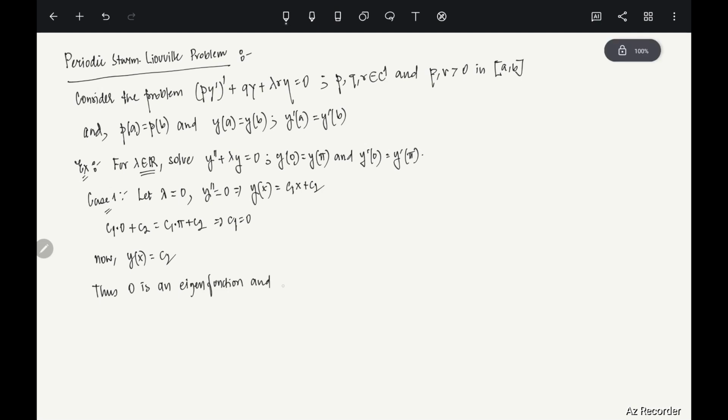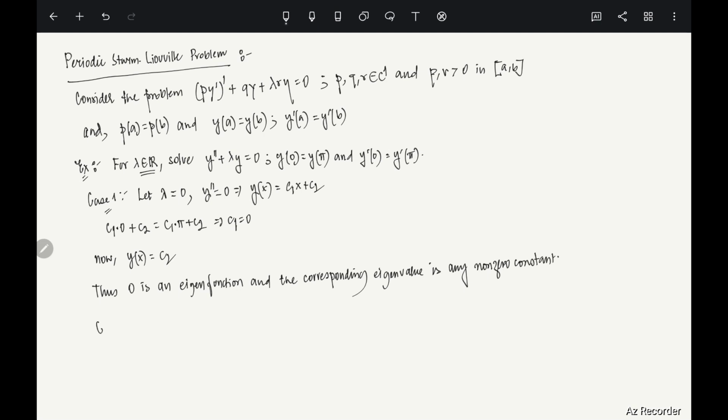The corresponding eigenvalue is any non-zero constant. Is it okay? Yes. So simple, right?